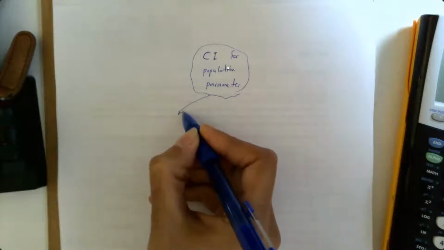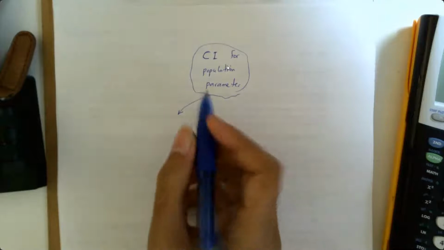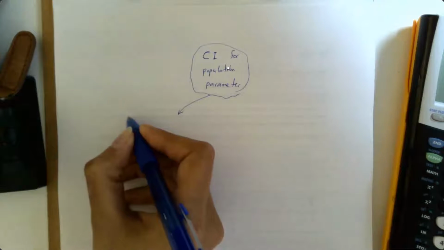The population parameter, in these two sessions that we went over, is either proportion.